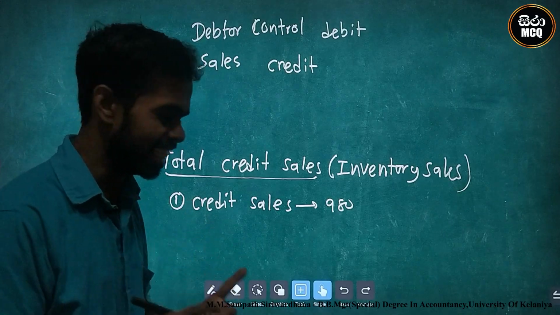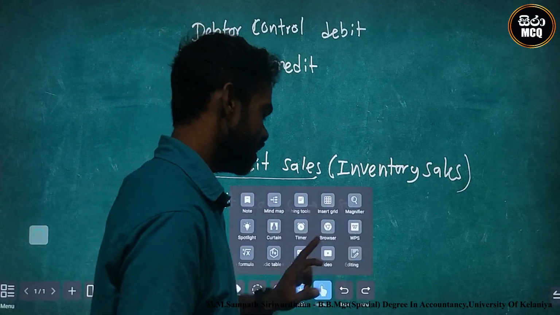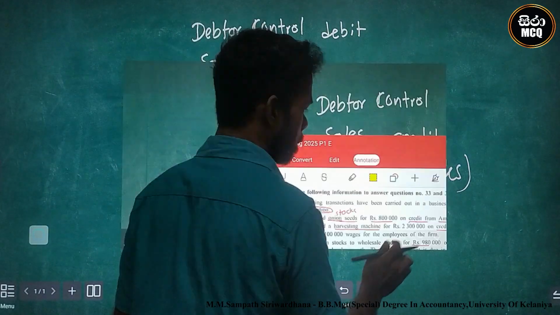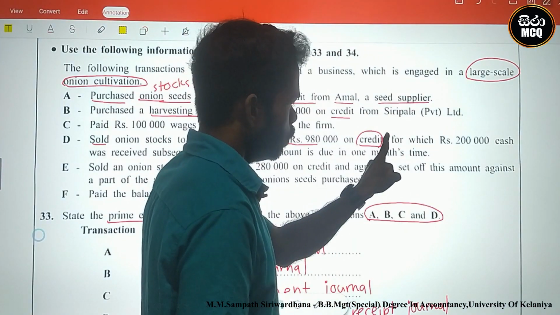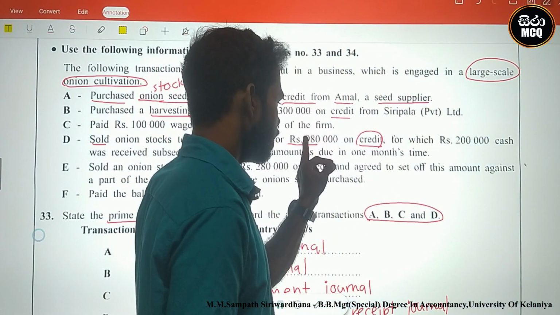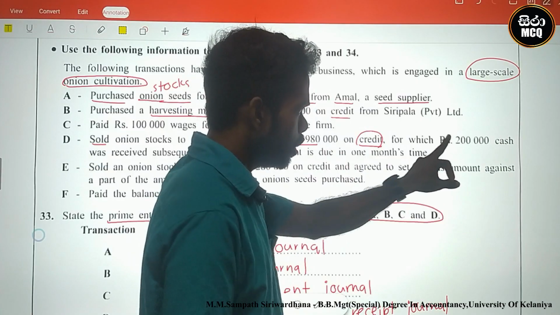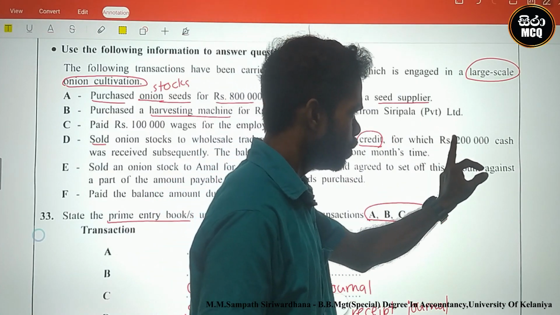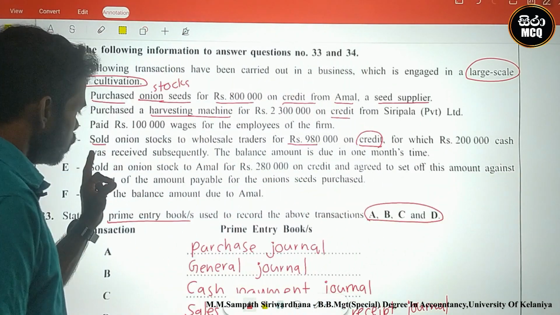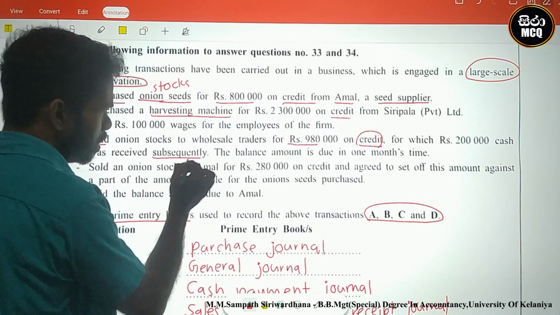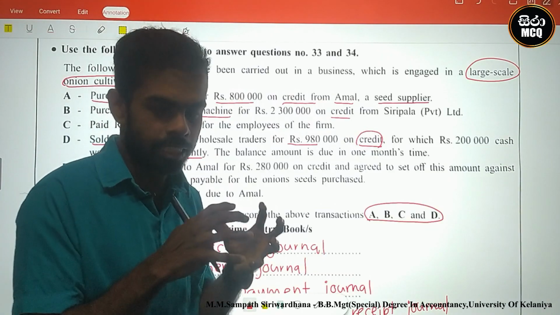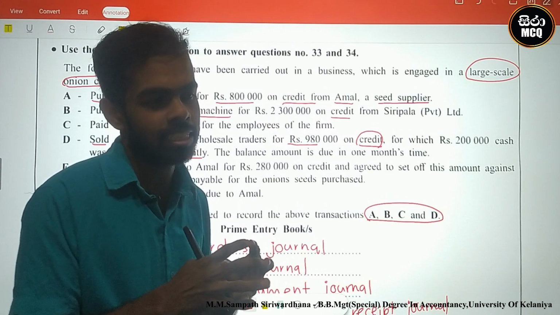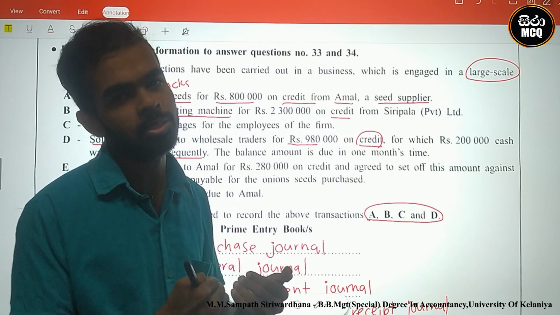After that, they said out of 980, 200 cash was received subsequently. After the credit sales, 200 cash was received.